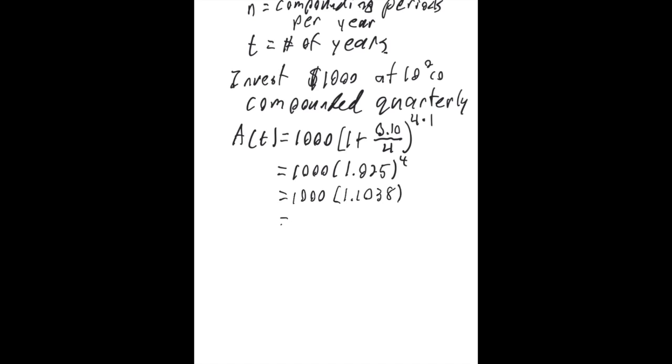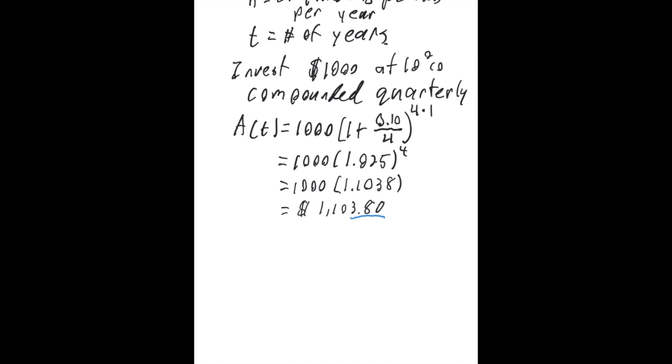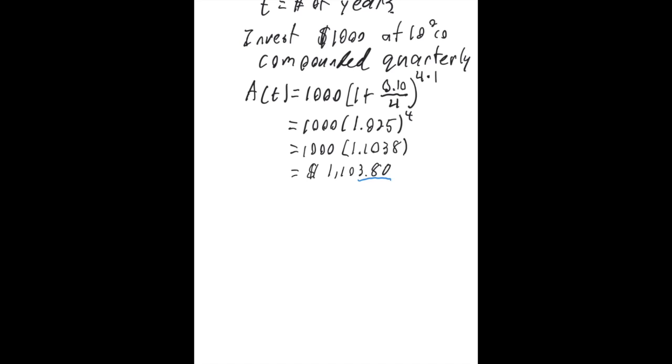So we're going to end up with $1,103.80. The compounding earned us an extra $3.80 as compared to the previous example where we had the 10% but just paid once a year. Because you get your interest more often, you earn a little bit more money.